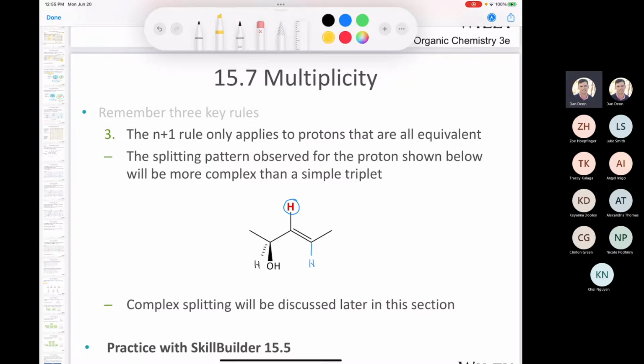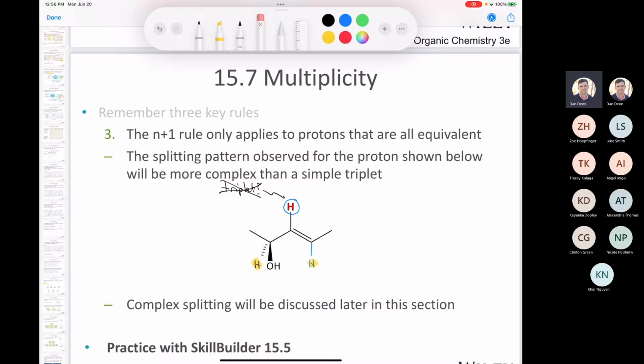You might think n+1: 2 protons that are 3 bonds away, so 2 plus 1 gives me 3, a triplet. But in fact, it doesn't give you a triplet.